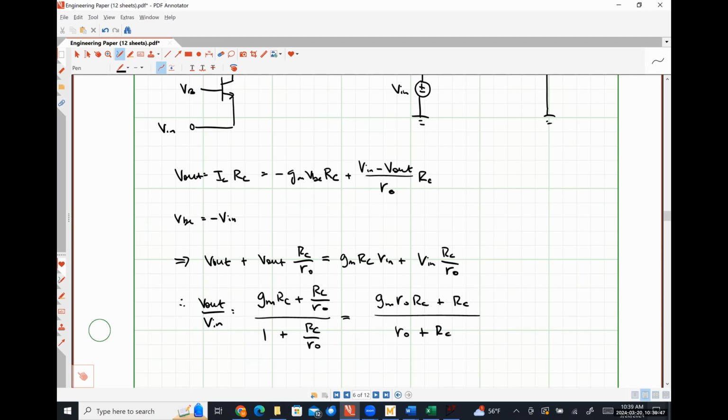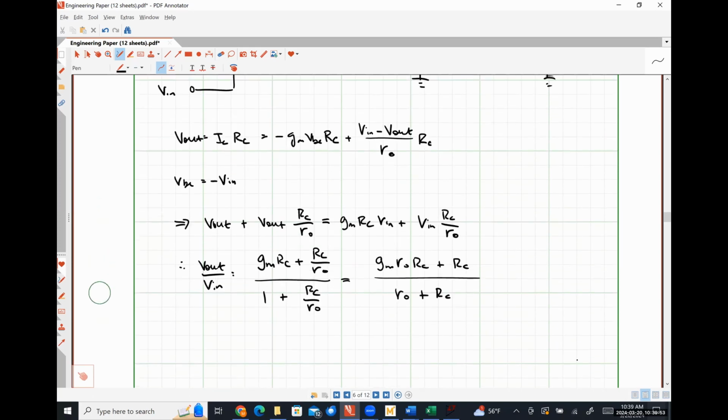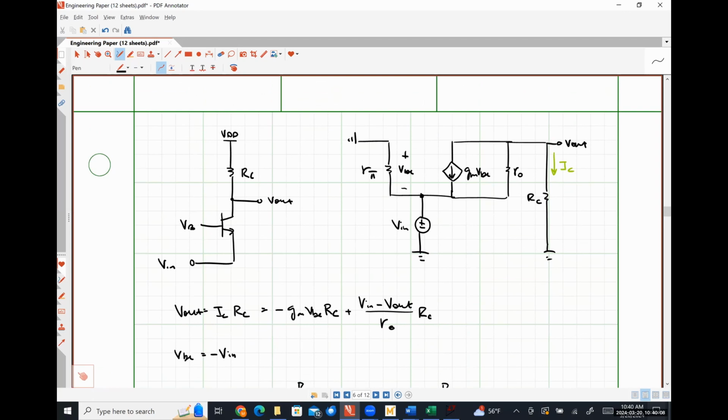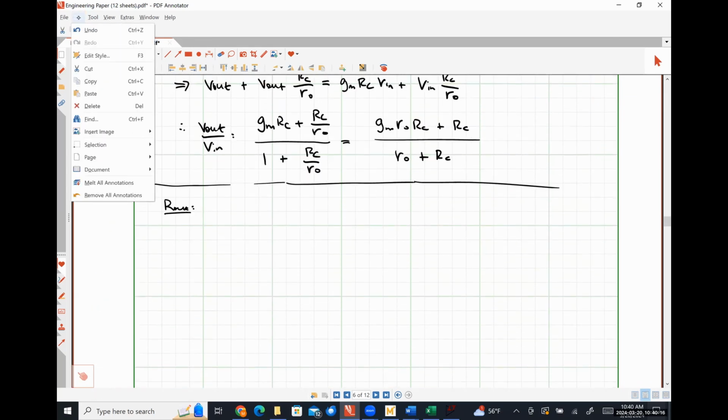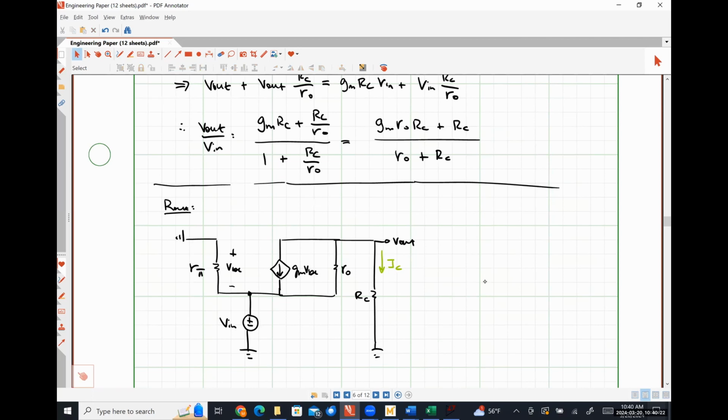So there's the old method. Now let's look at our second method, which is going to be using our short circuit transconductors, right? So let's find R out for this guy really quick, right? So to make my life slightly easier, and also because we're running out of time, I'm just going to make a copy of this. So if we were trying to find the output resistance of this thing, what would we do again?